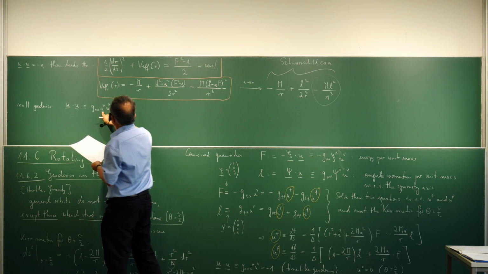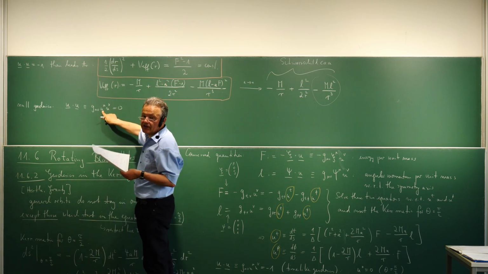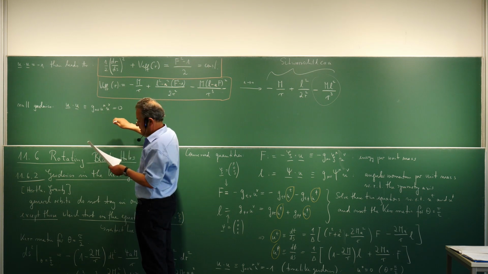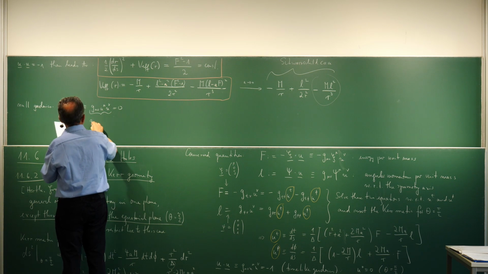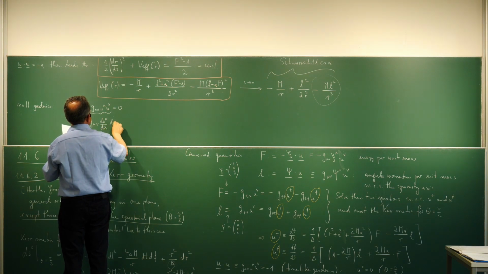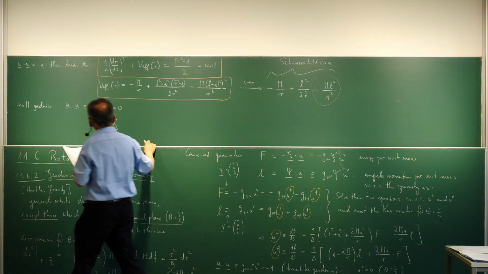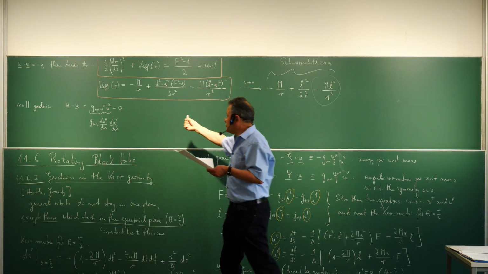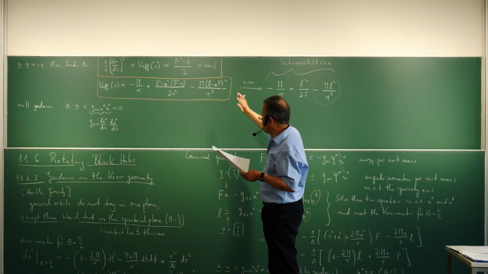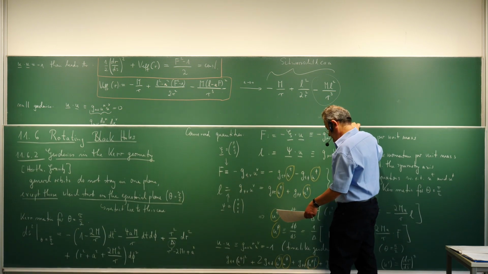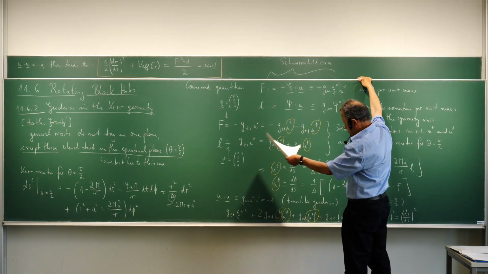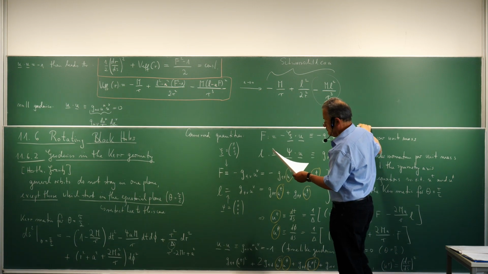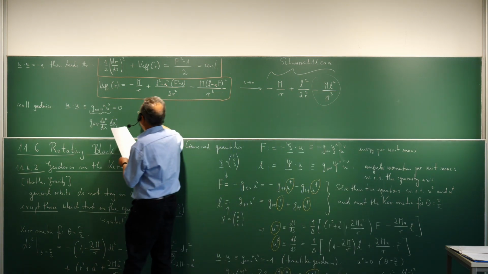And okay, this is no longer dx mu over ds, but dx mu over d lambda, where lambda is an affine parameter. So this is g mu nu dx mu over d lambda dx nu over d lambda. And we now do an analogous calculation as before. So instead of the -1, you have just 0, and again inserting the components of the four-velocity and so on, we then find the following.